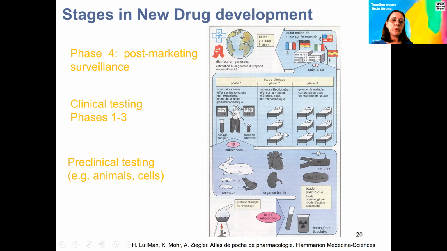Then you have phase 2, which is the first time you have the targeted population. So if you're testing a new antiviral, you will have subjects who have the disease and they will receive the drug or the placebo. Now, again, when it's a condition where the patient can die, you don't just give them the placebo.